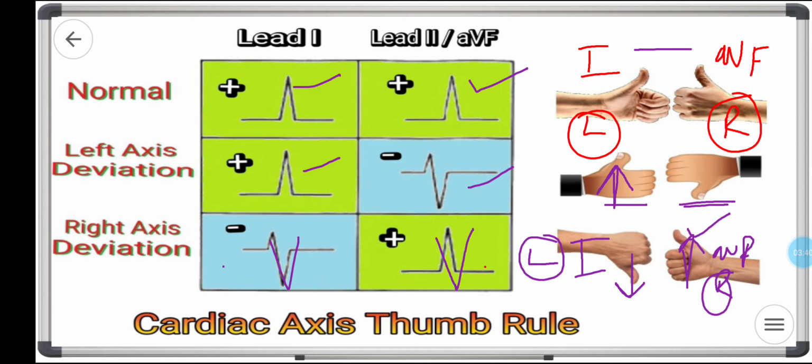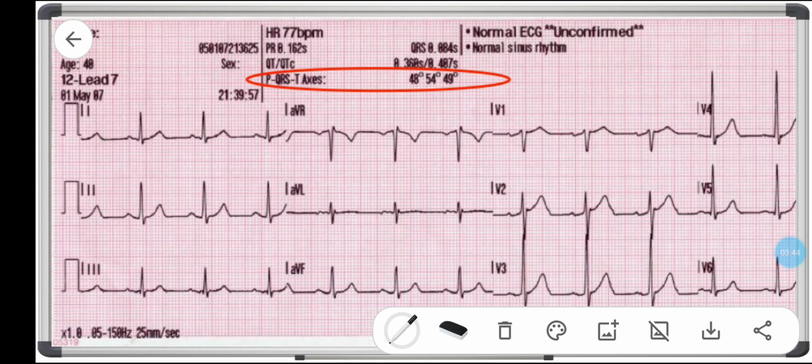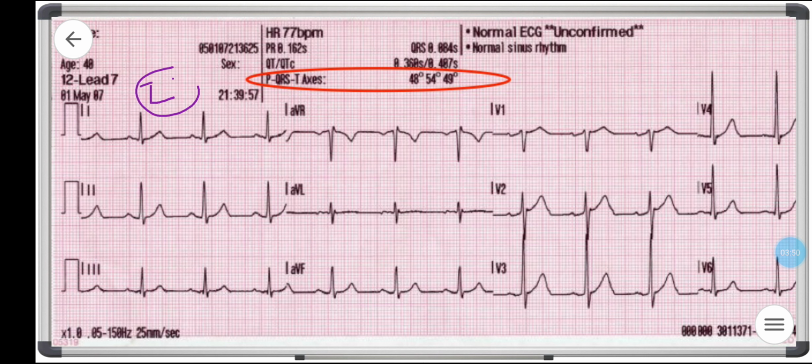Let's discuss it on a real strip of the ECG. If you look at this strip, lead 1 is in your left hand and lead AVF is in your right hand. The QRS is predominantly up in both, so that will be the normal axis.